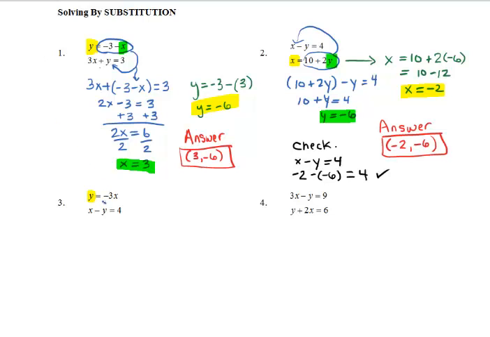In number 3, y is by itself. So I'm going to put -3x into the y spot in my second equation. So x minus, again using parentheses, -3x in place of the y will equal 4.